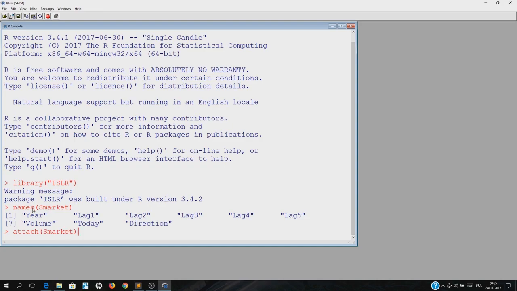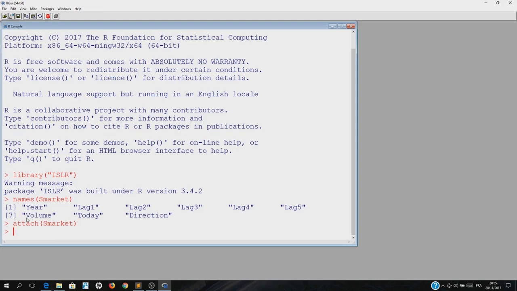So the first function gave us the names: we have the year, day 1, day 2, 3, 4, 5, volume, today, and the direction. I think you already guessed it, this is our y, the direction, because that's what we want to predict.